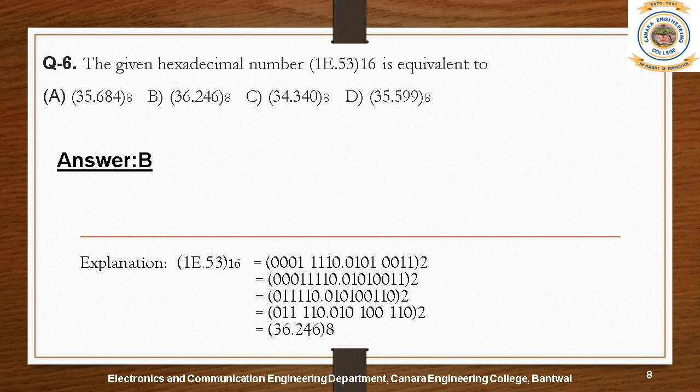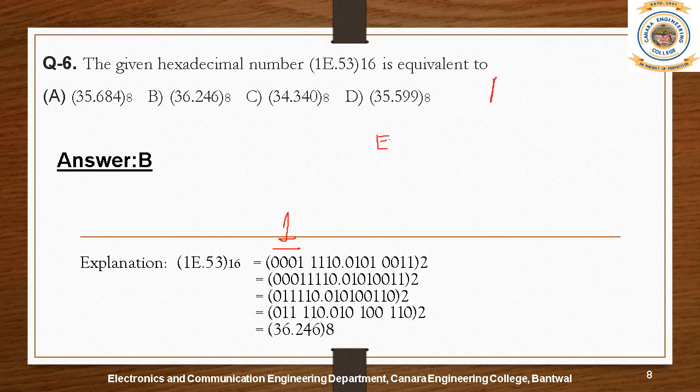First it is converted to binary, then it is converted to octal. How it is converted, I will explain to you. 1 is 0001. You are converting it into 4 digits because it is more than 8. E is equal to what?